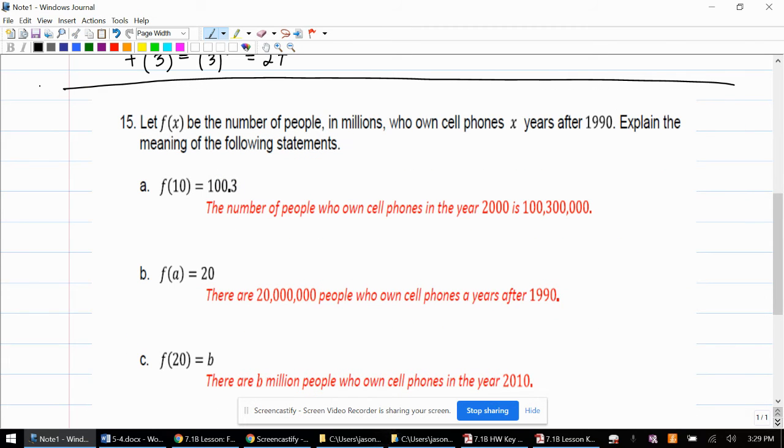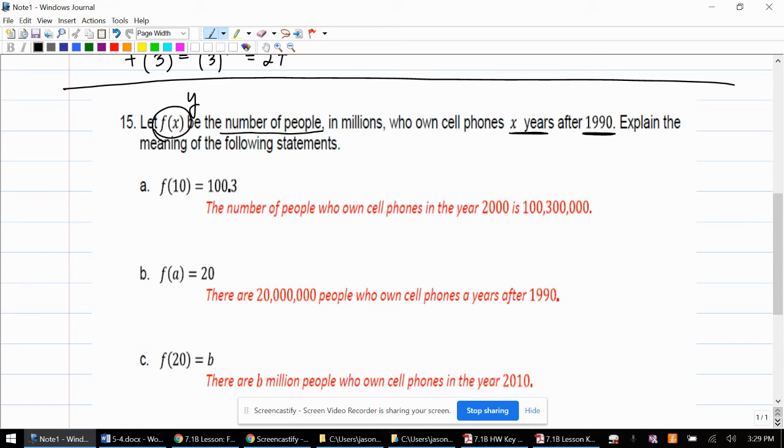So it said, let f of x be the number of people in millions who own cell phones X years after 1990. So X is going to be years, and f of X is going to be the number of people. So Y is the number of people. That's my output. And X is the years after 1990.